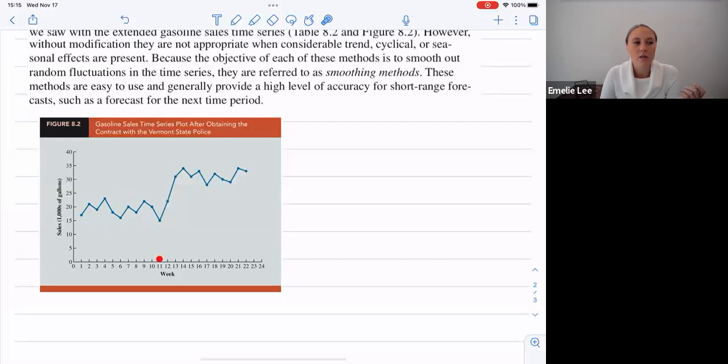And so it just seems to be kind of random activity. So we would call this a horizontal pattern, right? The thing is, then all of a sudden it jumps up. So the sales increase, and now we've got this step up and then we're moving on to another horizontal pattern.